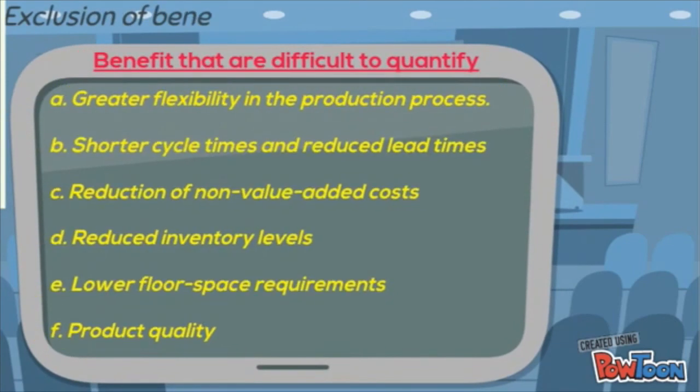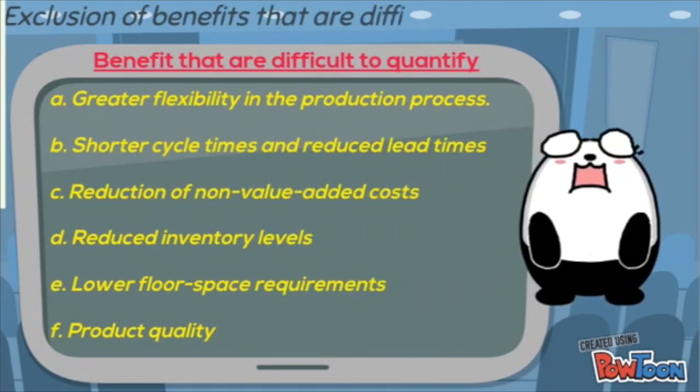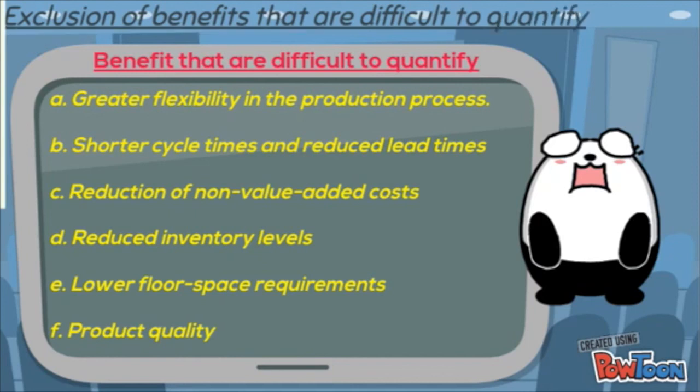The benefits that are difficult to quantify are such as: A. Greater flexibility in the production process. B. Shorter cycle times and reduced lead times. C. Reduction of non-value added costs. D. Reduced inventory levels. E. Lower floor space requirements. F. Product quality.